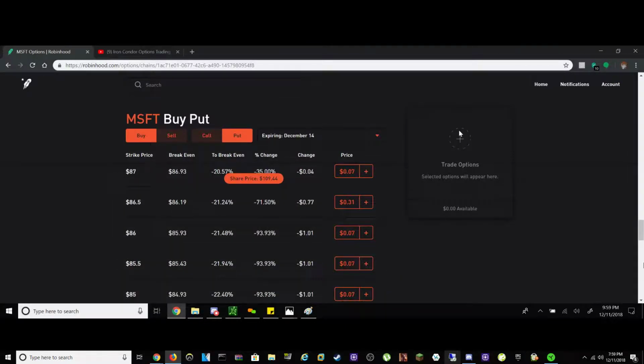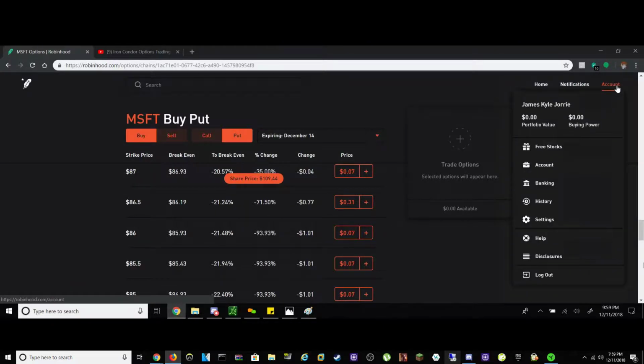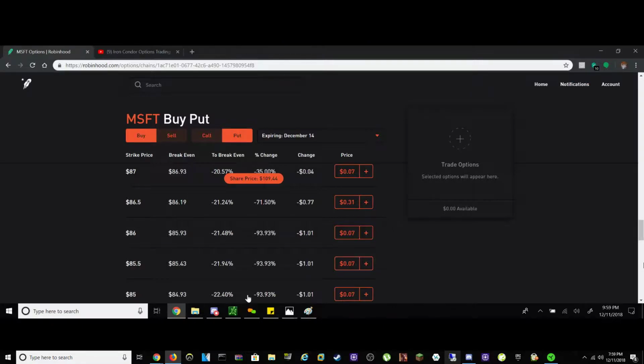In order to have those enabled, you have to have options experience on Robinhood before you can make those iron condor options happen, or different types of spreads. But other than that, it is possible. So that is basically how an iron condor works: you're betting for the stock to stay in between a certain price, whatever you set it at.